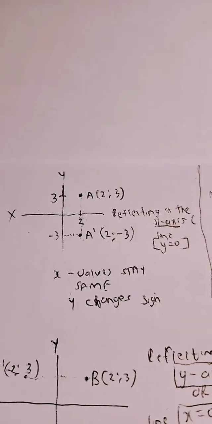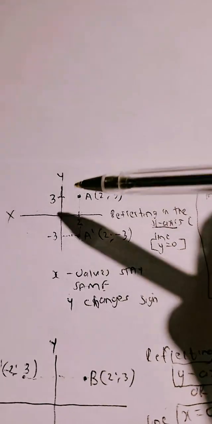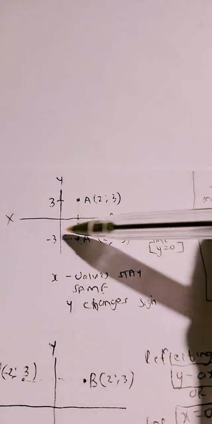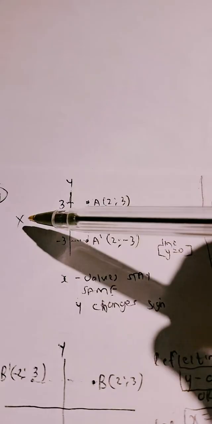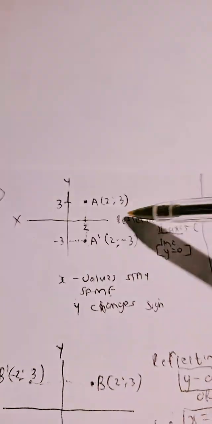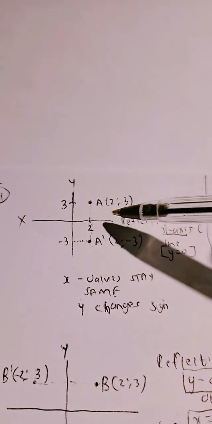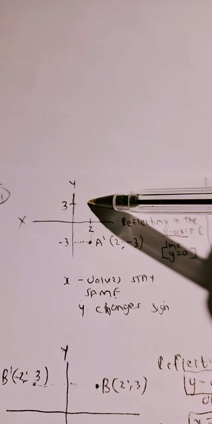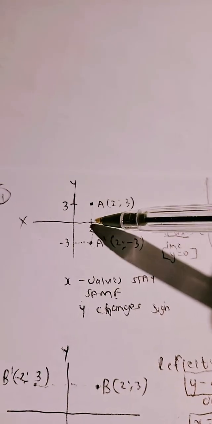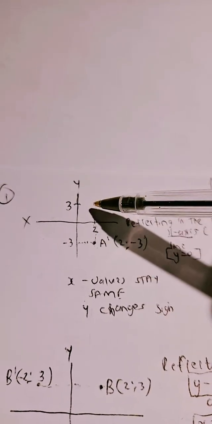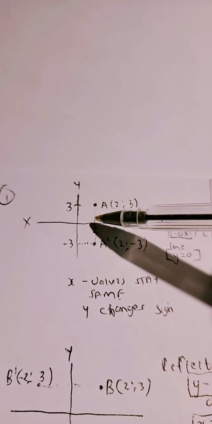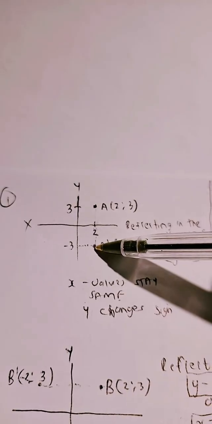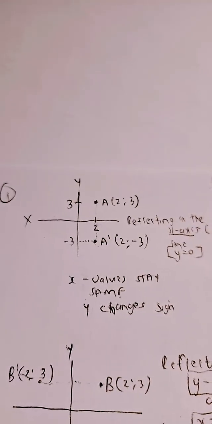There are two things that we need to understand about reflection in a particular place. It means that along the line where you are reflecting, the points are equidistant from where you are reflecting. In other words, the distance from A to the x-axis is the same distance from the x-axis to the reflected point.